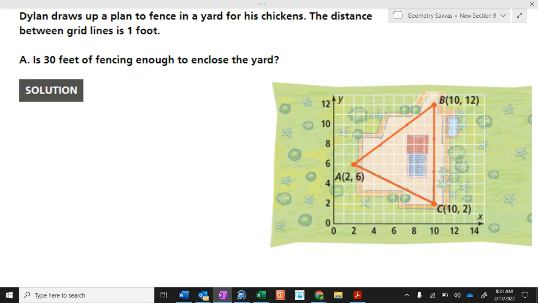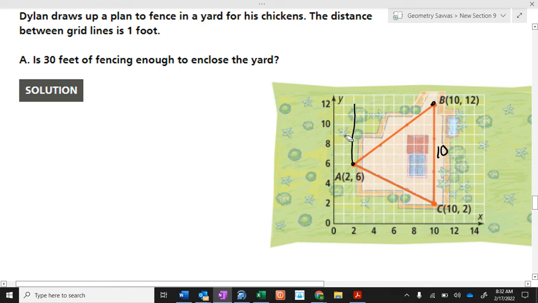How far is it from 10,12 to 10,2? 10, because it's a vertical distance of 10. All right, from 2,6 to 10,12, we go up by 8.